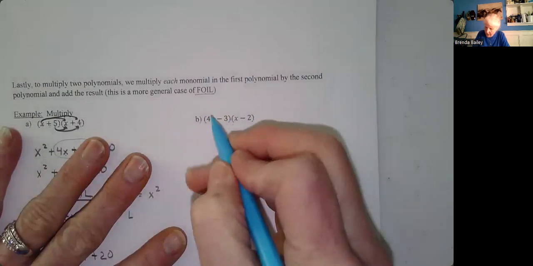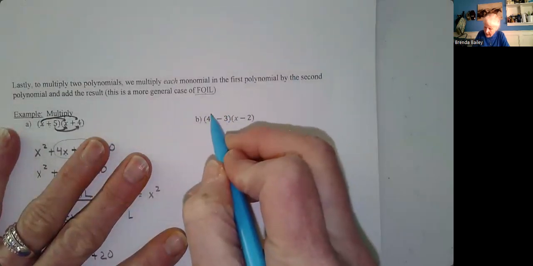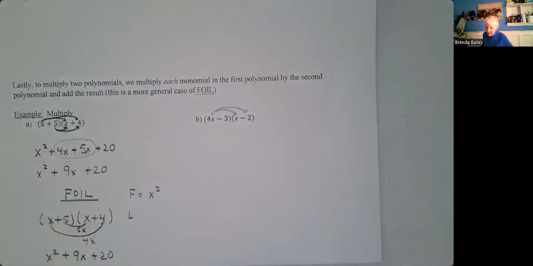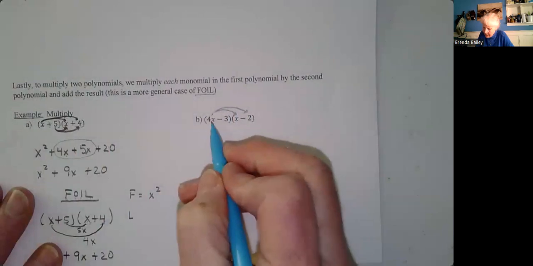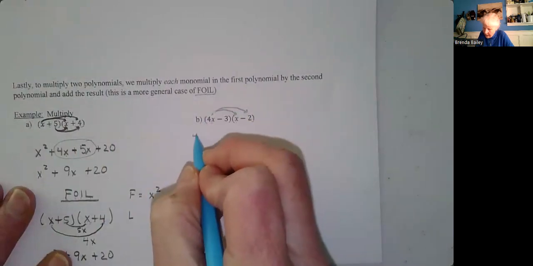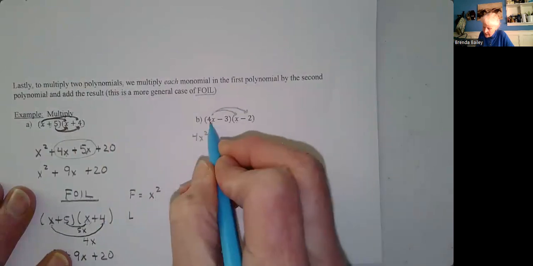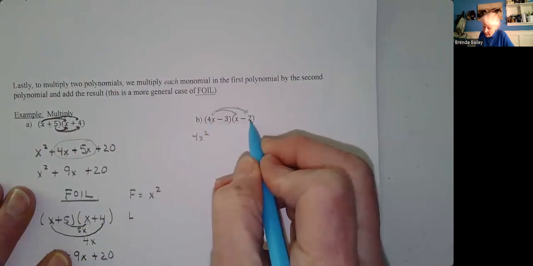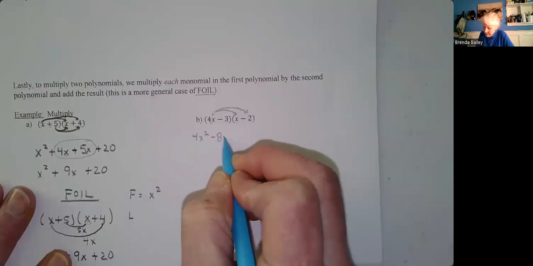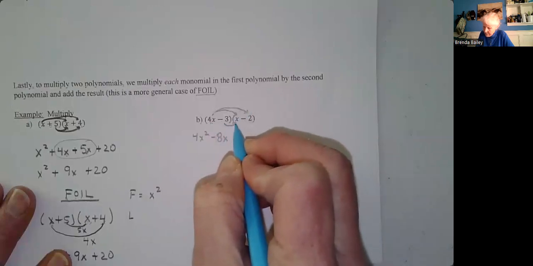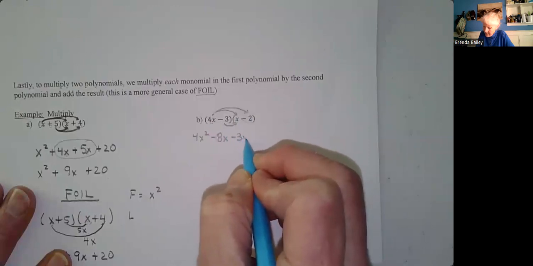All right, so we're going to take the 4x times both terms in the second parentheses. 4x times x is 4x squared. 4x times a minus 2 is a minus 8x. Then we'll take a minus 3 times this, minus 3x.